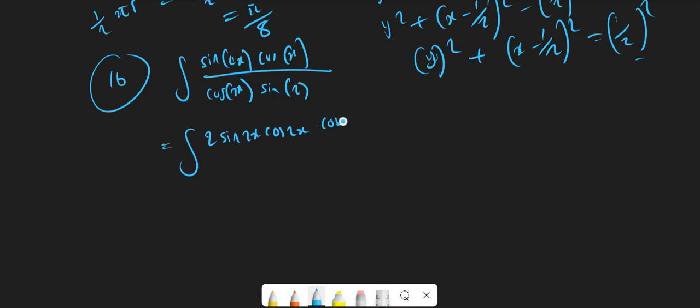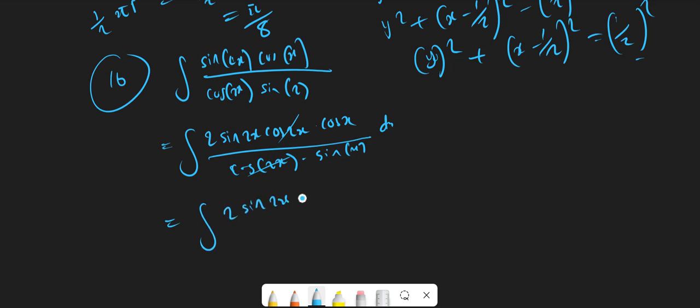At the bottom, you have cosine of 2x times sine of x dx. So we can cancel cosine of 2x, and you end up with the integral of 2 sine of 2x cosine of x all divided by sine of x dx.